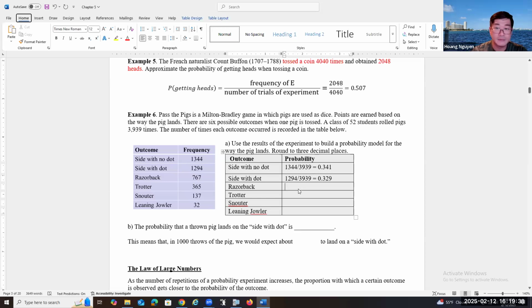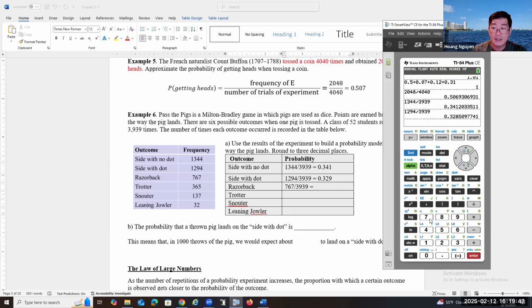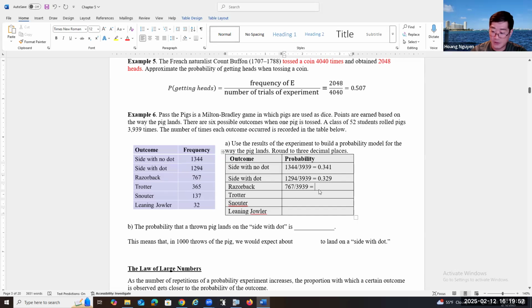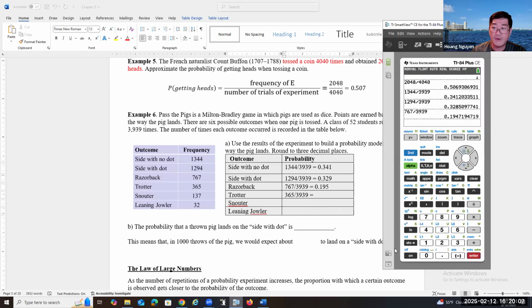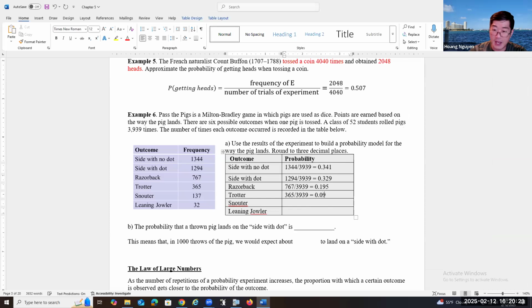Now Razorback is 767 divided by 3939, which is 0.195. The next one is 365 divided by 3939, which is 0.09326, so we round it to 0.093.